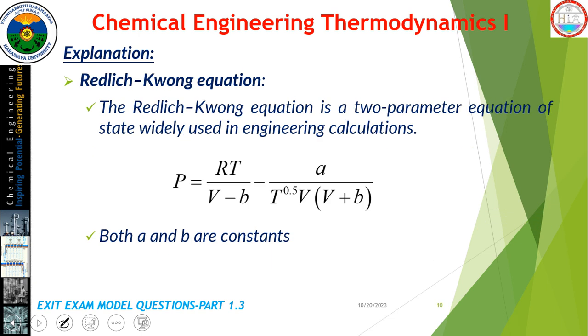The second one is the Redlich-Kwong equation. The Redlich-Kwong equation is a two-parameter equation of state widely used in engineering calculations. Pressure equals RT divided by V minus B, minus A over the square root of T times V in bracket V plus B, where both A and B are considered constants.